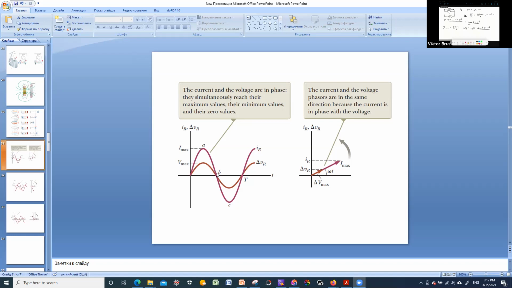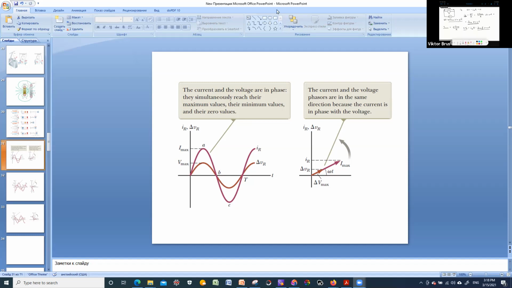So in order to do that, we need to calculate some average value for electric power delivered to the resistor, and then based on that calculate what equivalent of DC current we would need in order to get the same power delivered to the resistor. So let us try to do it now.